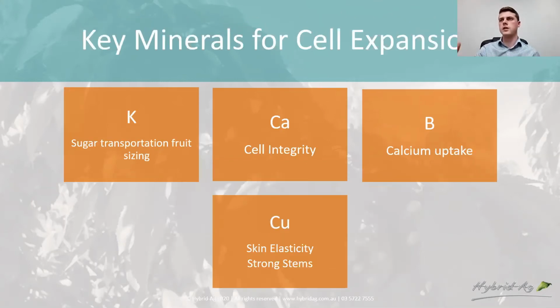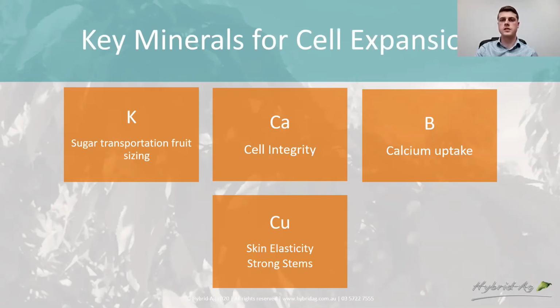So then we have some other key minerals which build on top of photosynthesis which are required for cell expansion. We've got the ones which are for photosynthesis, and then these are probably more utilized in the cell expansion phase or process in the fruit.